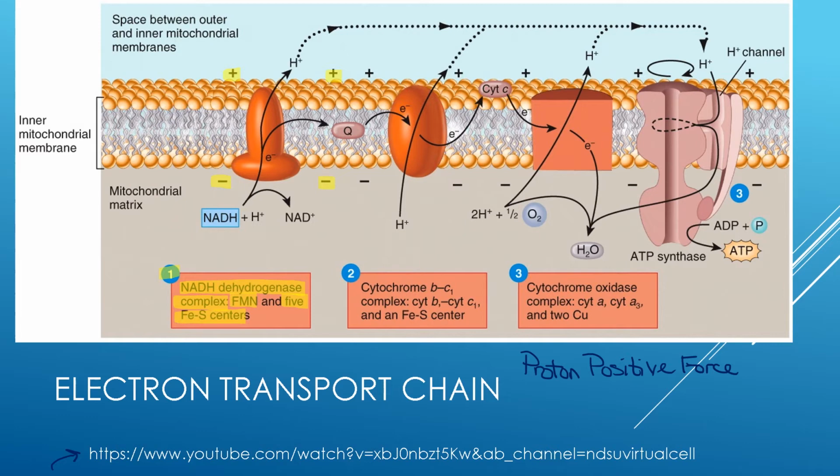At this pump, NADH is oxidized to NAD+, and the electron carriers in the NADH dehydrogenase complex are going to be reduced, passing the electrons along. So these electrons get passed on to Q. We can follow these electrons here.